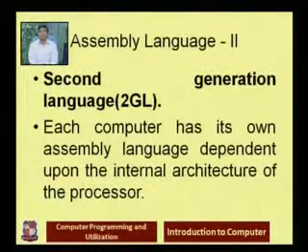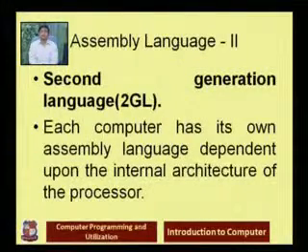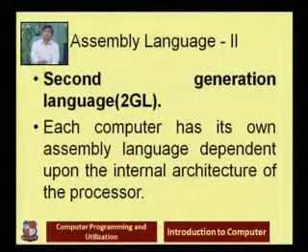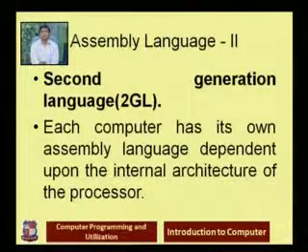So when we write any assembly language program, it is dependent on the particular processor architecture, and if we want to write the same program for another processor, then we have to rewrite the program using the assembly language available for that processor.